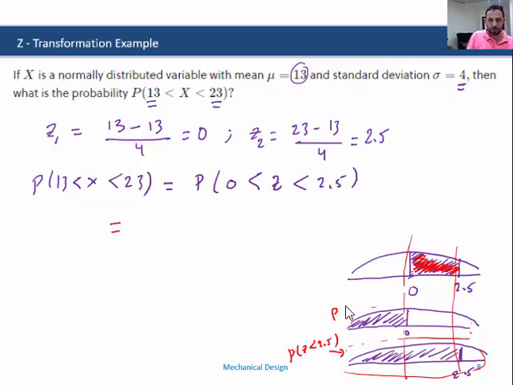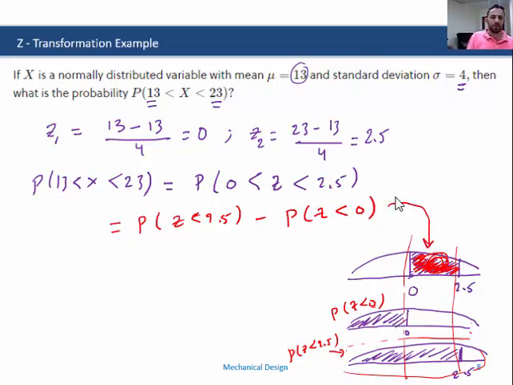We can subtract from it the probability of z less than 0, and we obtain this shaded region in red. So the probability of z less than 2.5 minus the probability of z less than 0 is equal to this area.